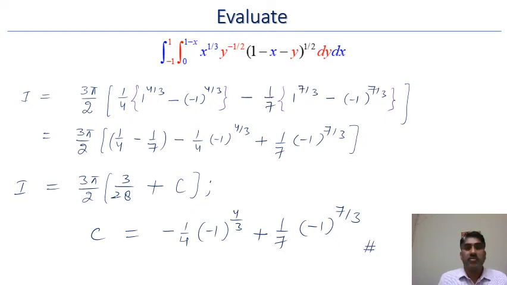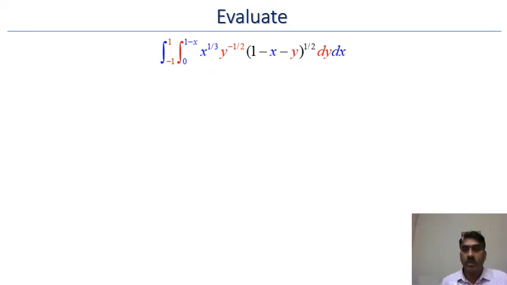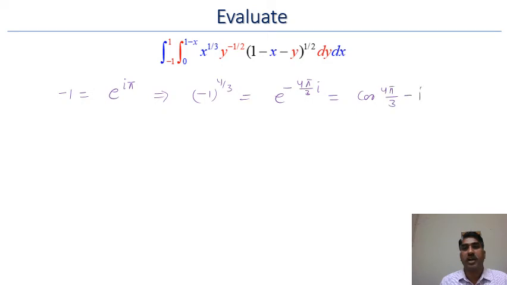So let us find the value of C. By involving the complex number, minus 1 is written as e to the power I pi, and this means minus 1 to the power 4 by 3 can be written as e to the power minus 4 pi by 3 I, and that means cos 4 pi by 3 minus I sine 4 pi by 3.